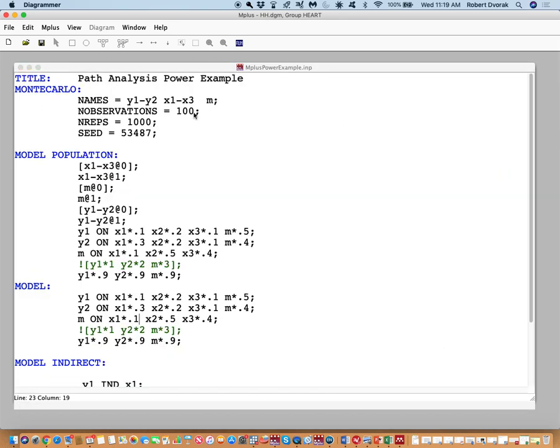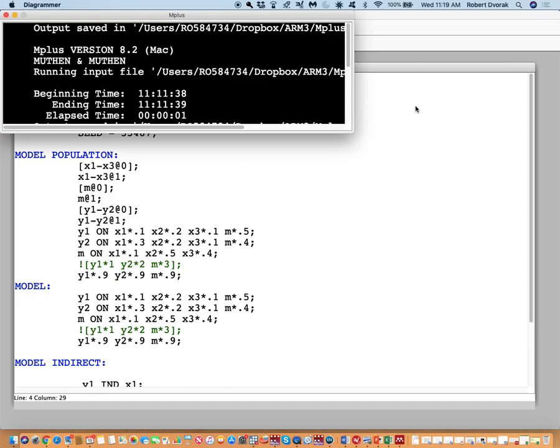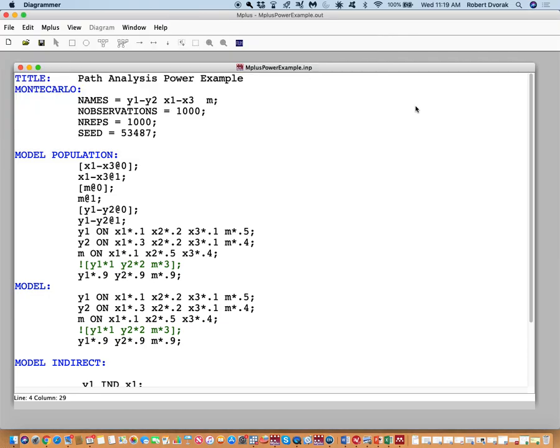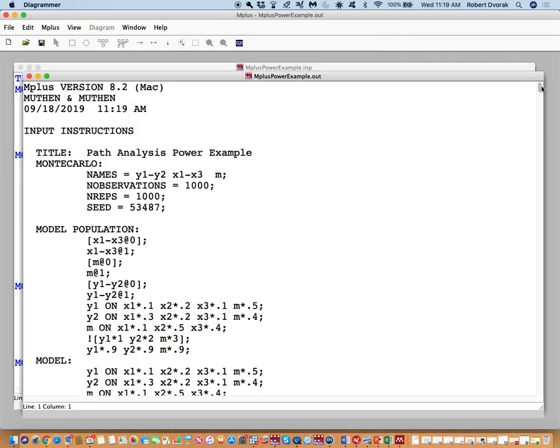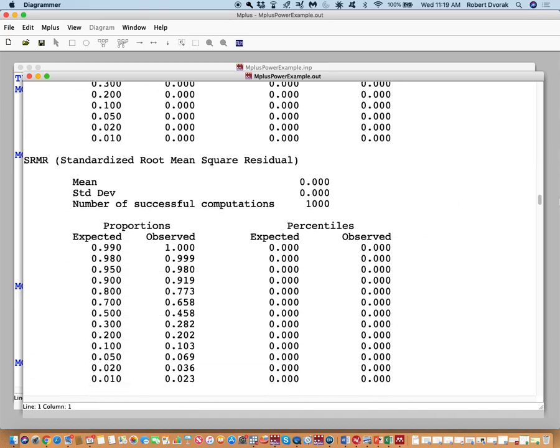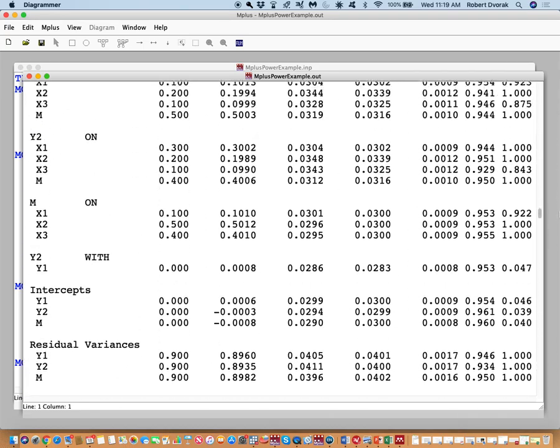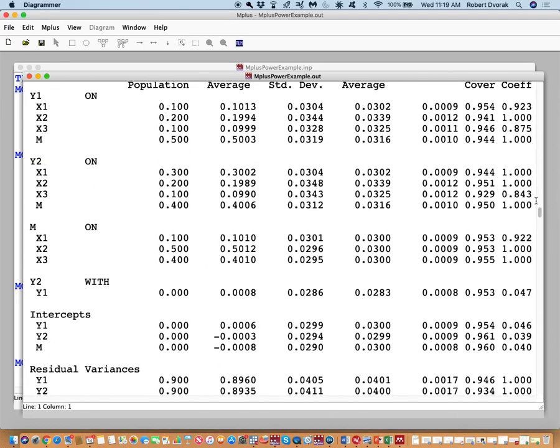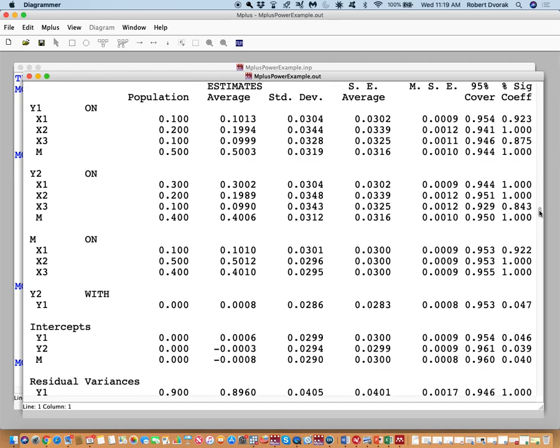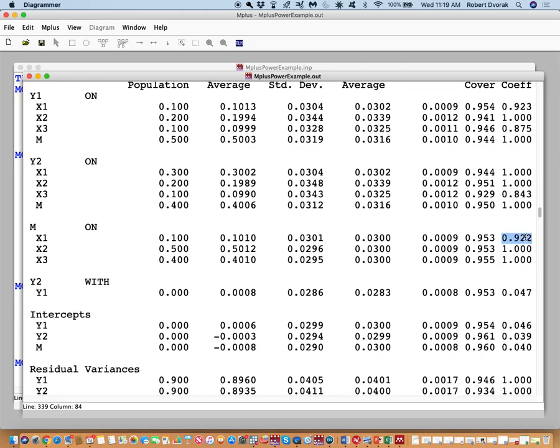So we had 100. Let's up that to 1,000. Our power was what before? 0.17, I thought, right? So we scroll down here, and that jumps our power up to 0.922.